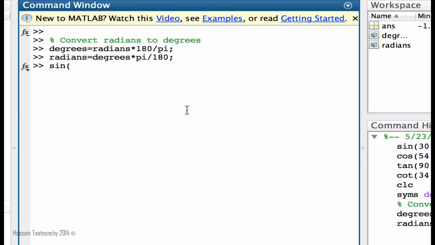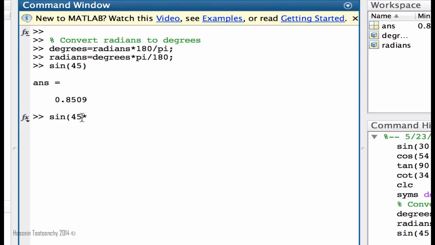If we repeat that, 45, you see that it's interpreted as radians. So sine of 45 radians is this, but now I want to convert degrees, because I want to find sine of 45 degrees. So what I have here is degrees. If I multiply this by pi over 180, the result of the whole thing is going to be in radians, which is what I need.